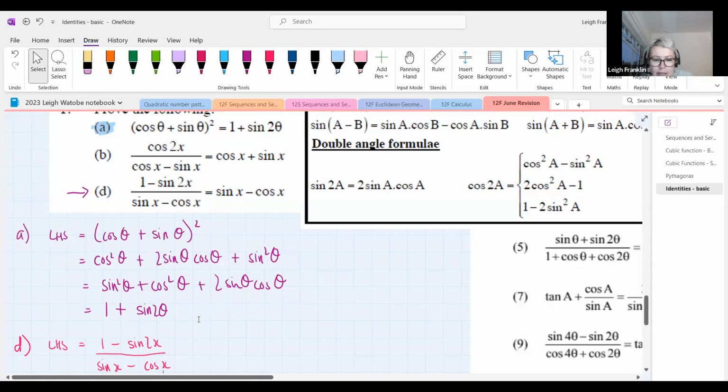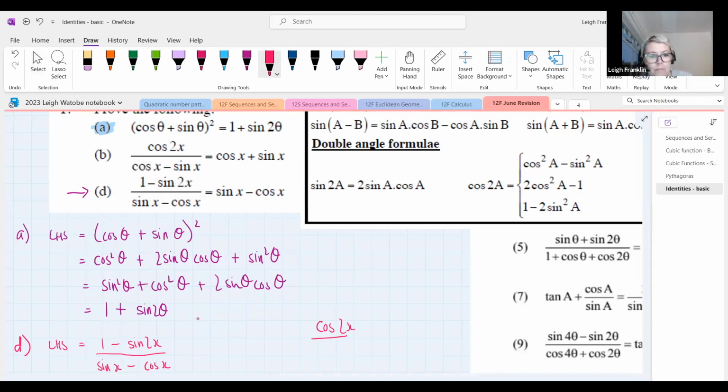I got cos 2x at the top, the numerator. And then at the denominator, I got sine x minus cos x. Okay, so how did you get cos 2x in the numerator? I used the identity. Okay, so which identity did you use?